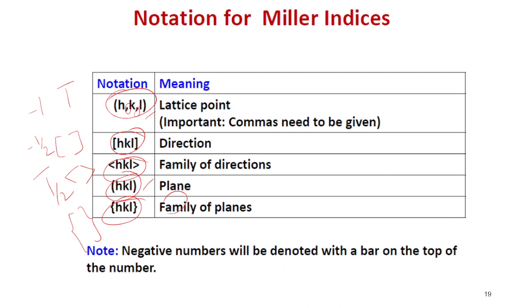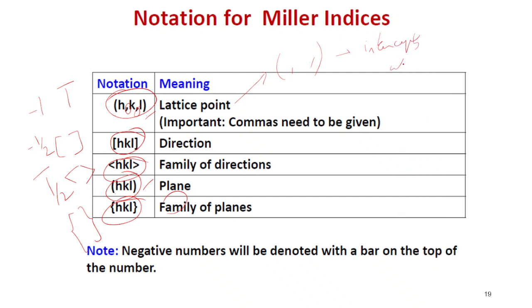Sir, for lattice point, is a small bracket necessary or not? For a point, yeah, it's better to give brackets. But it's more than brackets, it's the comma that matters. I think if you don't give brackets, it will be considered as intercepts.